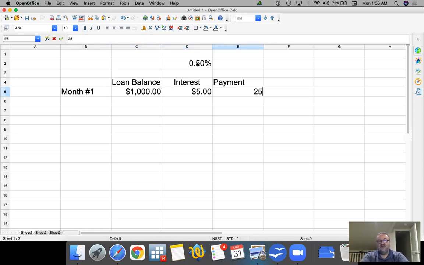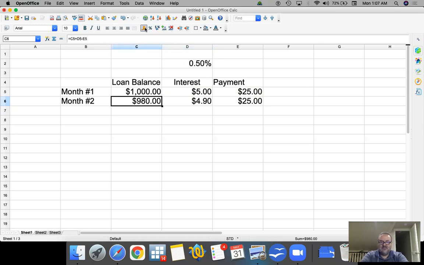So let's say that you actually made a $25 payment. Your next month balance will be your $1,000 plus the interest minus the payment, and that's what that is. Now, if you do the exact same thing again, see, next month you have less of an interest burden because you now have a little bit less of a loan balance.